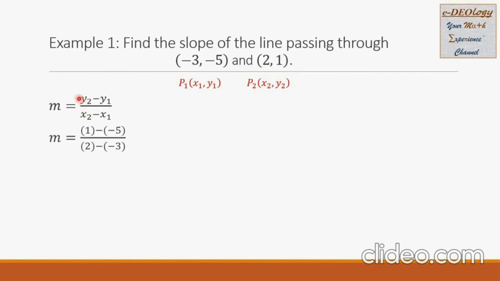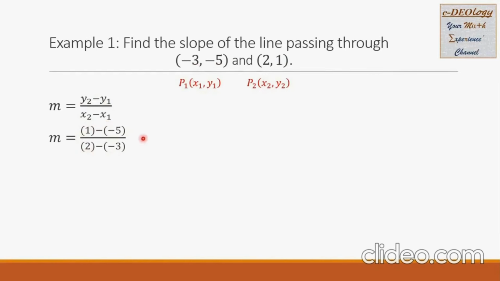The y sub 2 is equal to positive 1, minus the y sub 1, which is negative 5, all over the x sub 2, which is positive 2, minus x sub 1, which is negative 3.